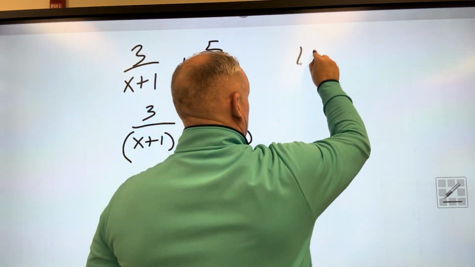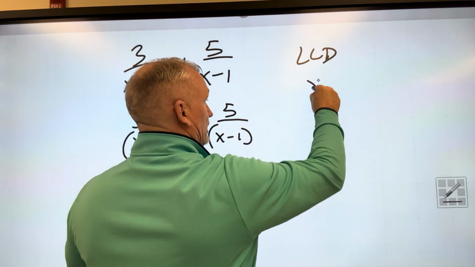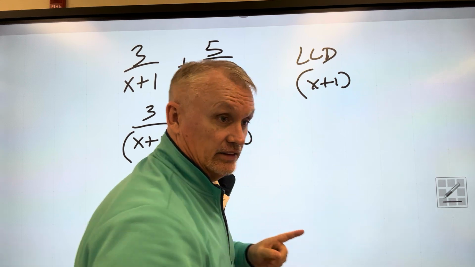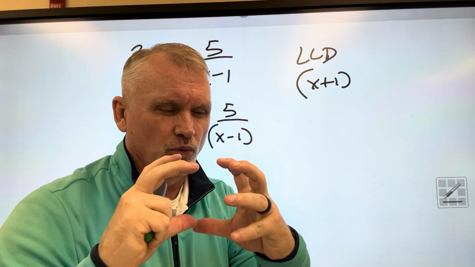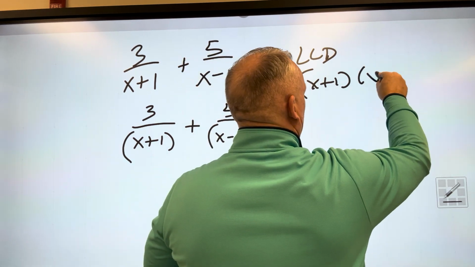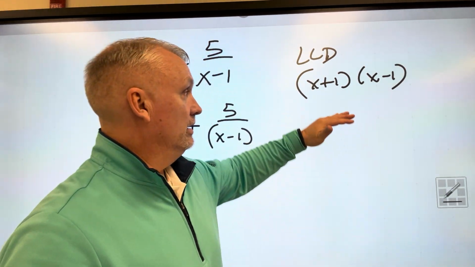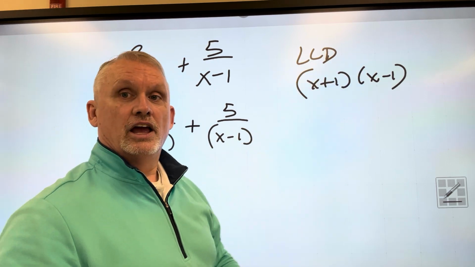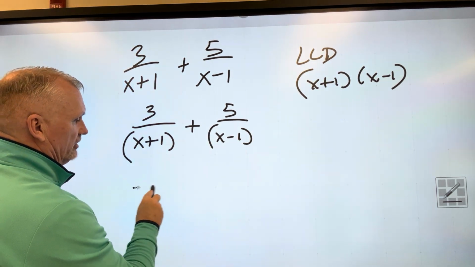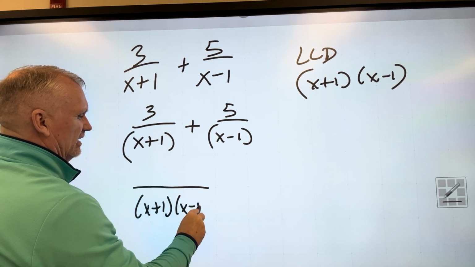So my LCD, take the first factor, which is x plus 1, in parentheses, that's one portion. Now the second one is x minus 1. You combine them by multiplying. Now, you already knew this, we already did it. So now what I do is I put both of those in my denominator.